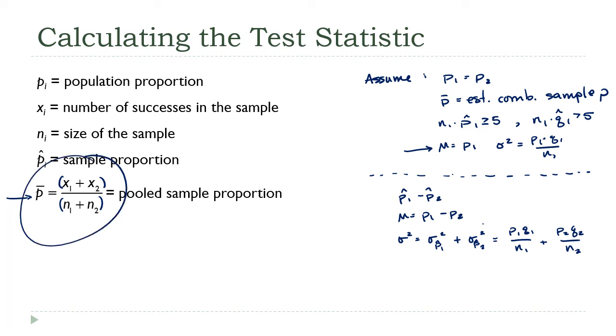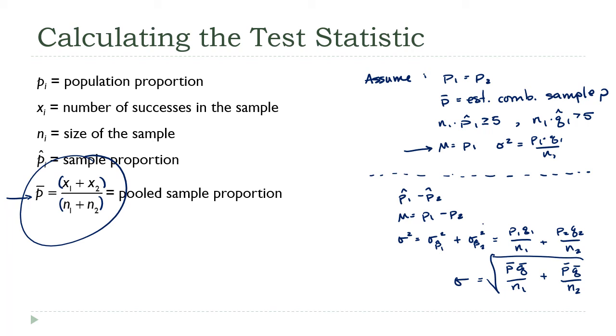So, if we replace p1 and p2 with p bar, and q1 and q2 with q bar, and then take the square root of both sides, we get this formula for the standard deviation.